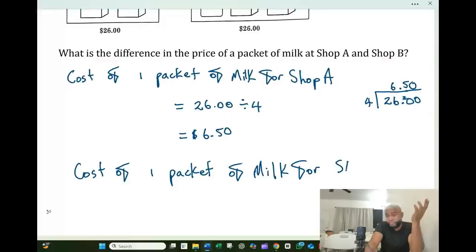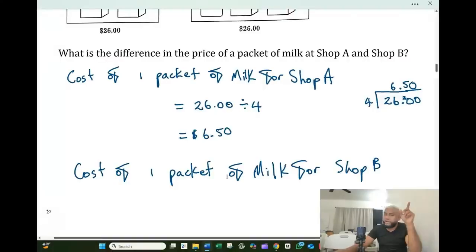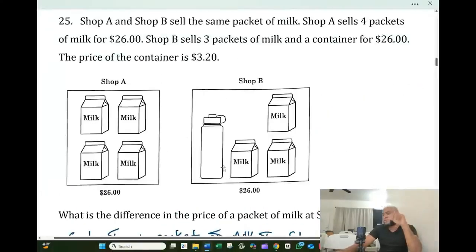For shop B, the thing is that there was a container that cost $3.20. So what do I need to do before I find the cost of one of these packets? I need to subtract that $3.20 from that 26.